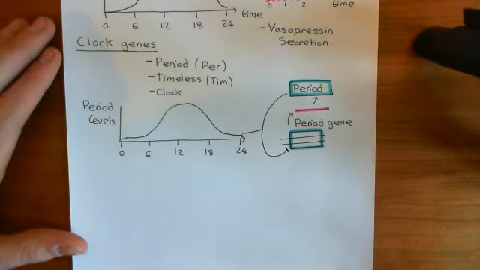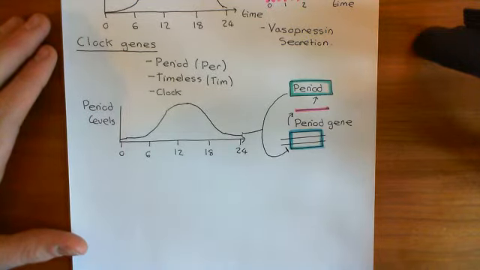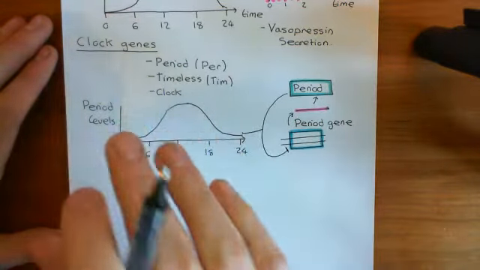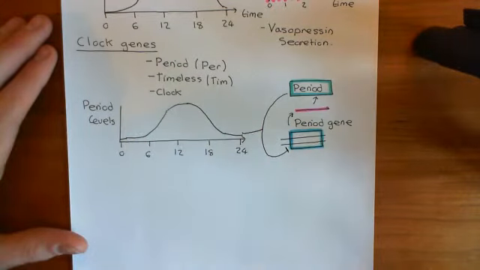Then you can start to get the activity of the suprachiasmatic nucleus neuron being influenced by this, and showing a rhythmical 24-hour cycle. So that's the basis of how we believe the activity of suprachiasmatic nuclei neurons fluctuates on this 24-hour cycle, that you will have clock genes like this.